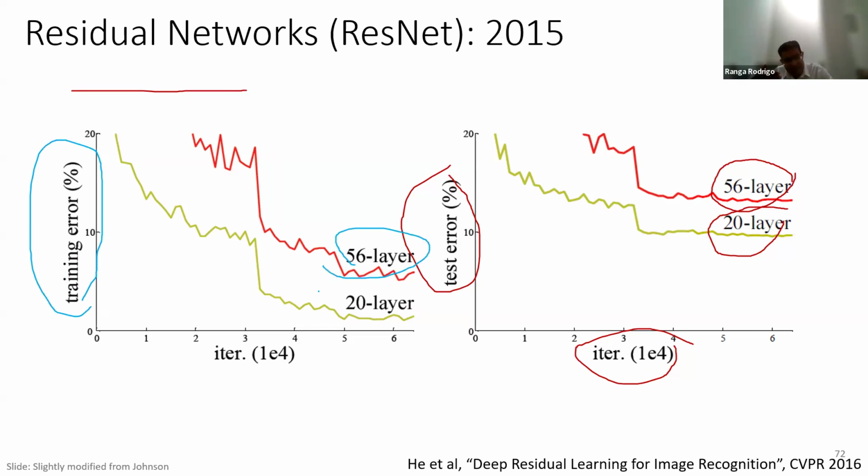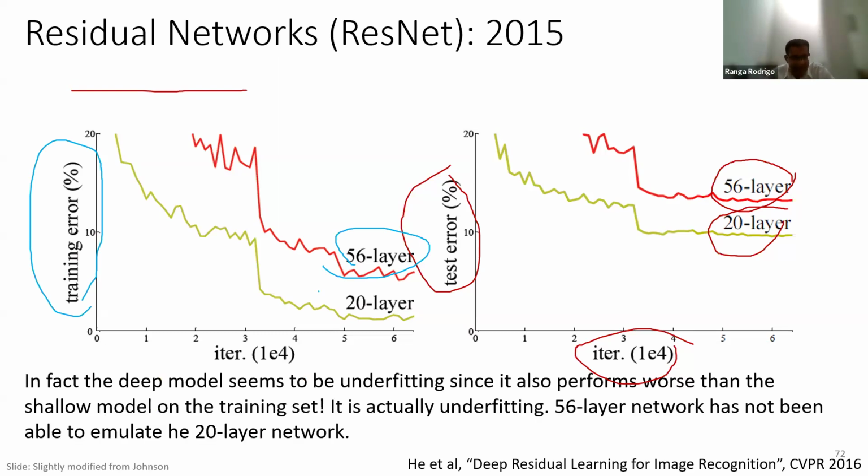Therefore, they concluded that the 56-layer network has not been able to properly learn in testing and in training. So there must be an optimization error here. Deep models seem to be underfitting, since they also perform worse than the shallow model on the training set. The 56-layer network has not been able to emulate the 20-layer network.